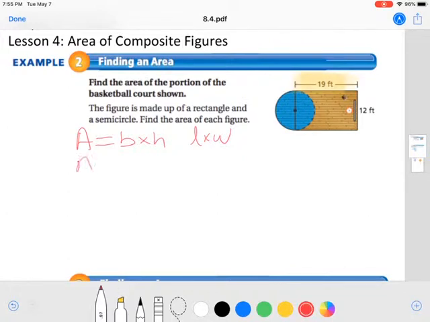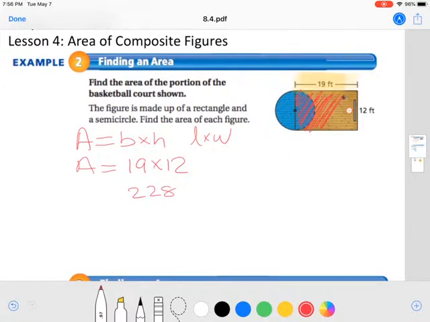So our area is 19 times our height, which is 12. So that's going to be the area of just that rectangular shape shown below. So that area is 228.